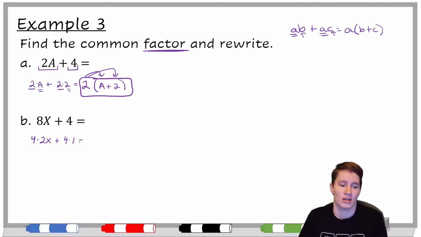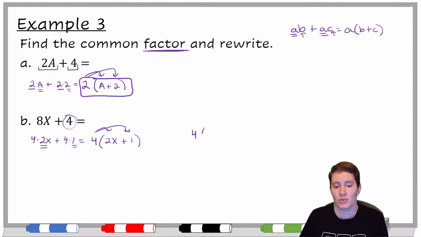So then our next step is to write that 4 on the outside, and on the inside, put what's left over. This is one of the things that can be tricky: because this was 4, you might be thinking, oh, I don't need to put anything here. But we need to put plus 1 so that when we go back and look at the distributive property to check our answer, we end up getting 8x plus 4.